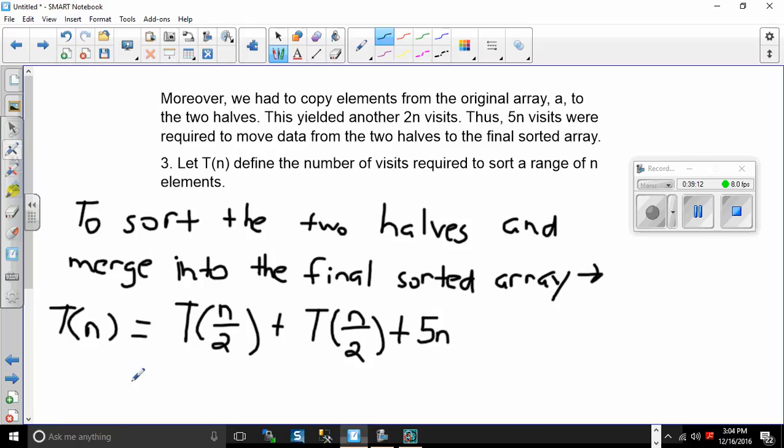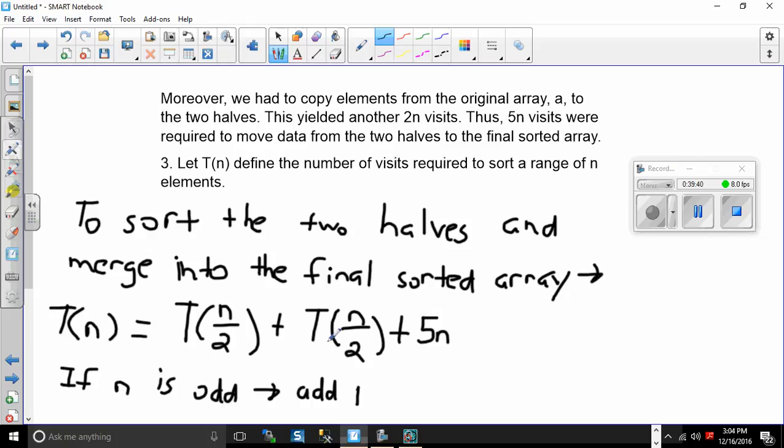Now, if n is odd, we of course wouldn't have n over 2 here. But since we're dealing with estimates and least upper bounds, add 1 to make it even so that we can continue on with this discussion.